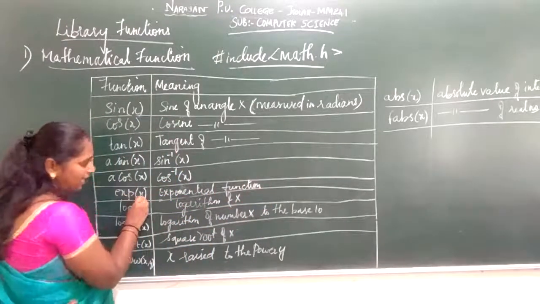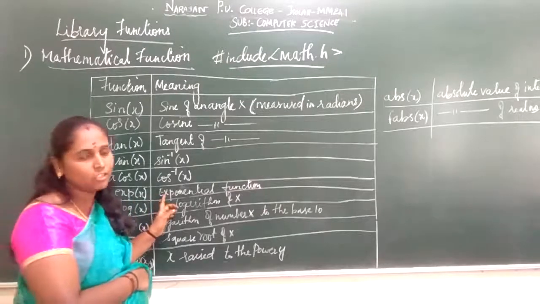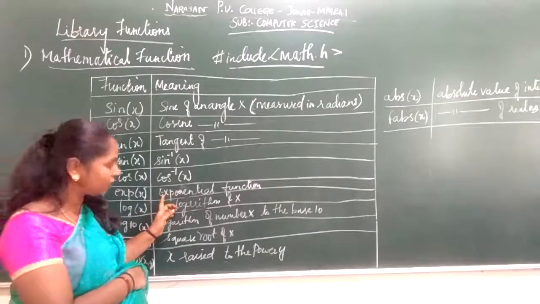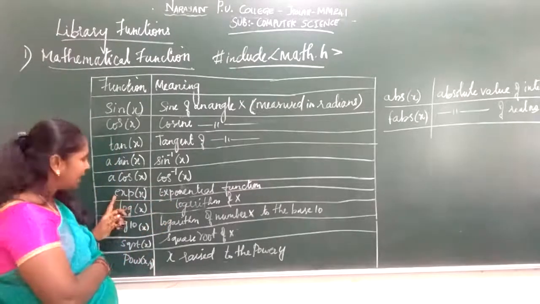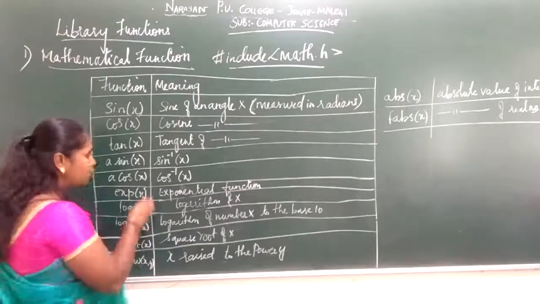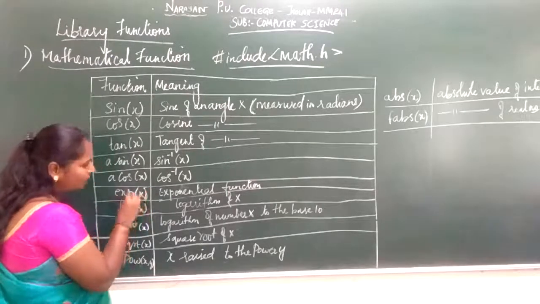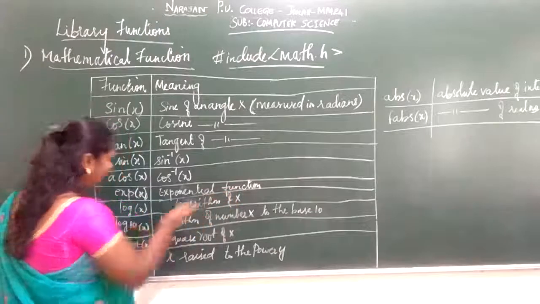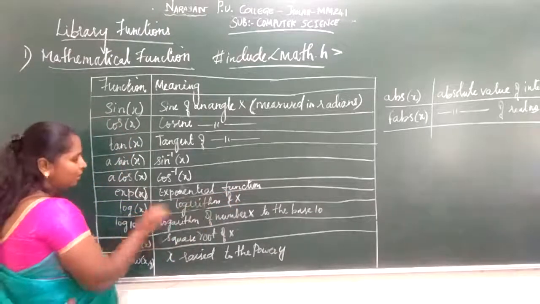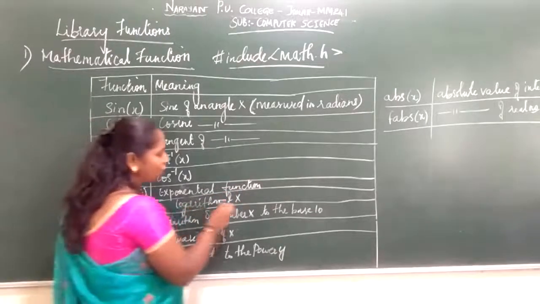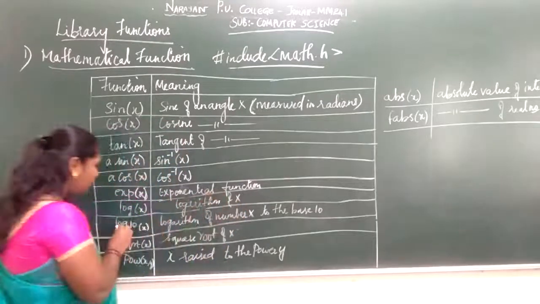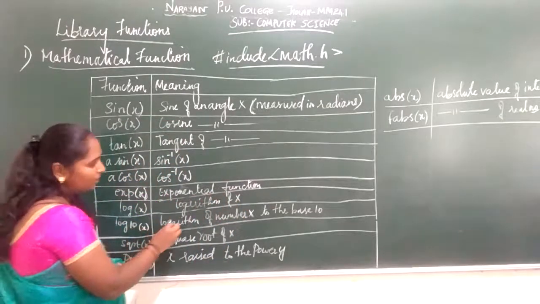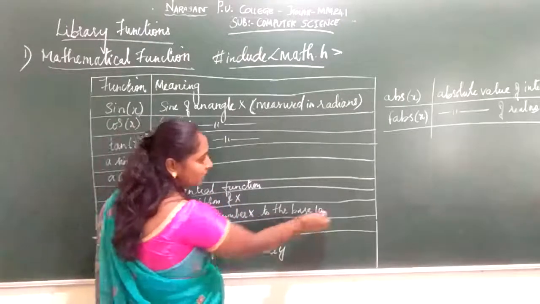Next, exp(x), if you want to find the exponential function. You use the expression exp(x) for whichever value you want to find the exponential of. Next, the logarithm function, log(x), is the logarithm of a number. Then log10(x) is the logarithm of x to the base 10.